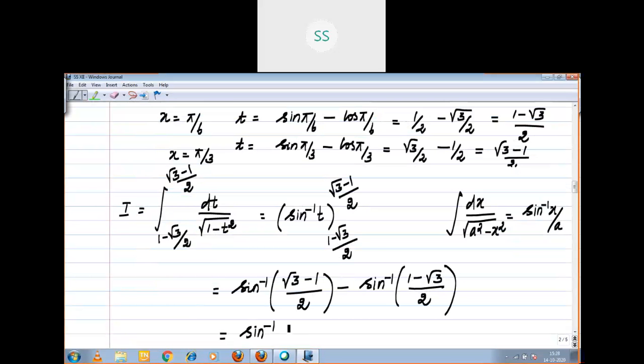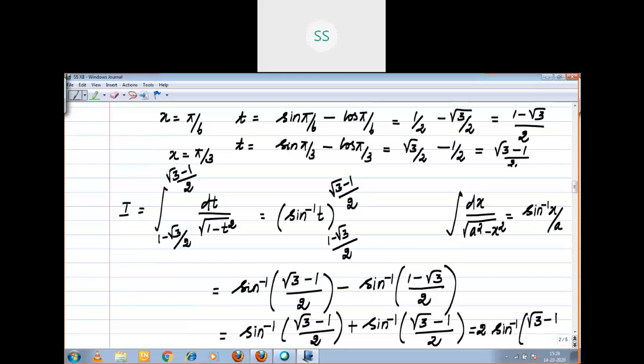Now, this is equal to sin inverse of (root 3 minus 1) divided by 2 minus sin inverse of (1 minus root 3) divided by 2. See here, inside the bracket, I am going to take minus as common. Then how it will act, you see.